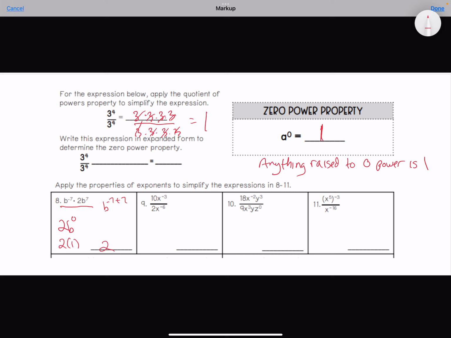For number 9, I'm going to divide like normal. 10 divided by 2. So if we break it apart, I have 5. So now we're going to subtract these. Negative 3 minus negative 6. Keep, change, opposite. Negative 3 plus 6. I have x to the 3rd.